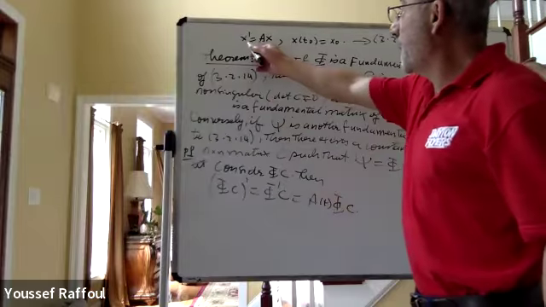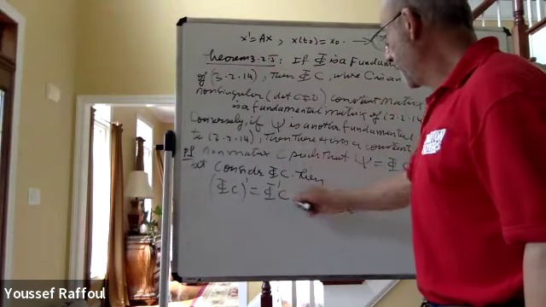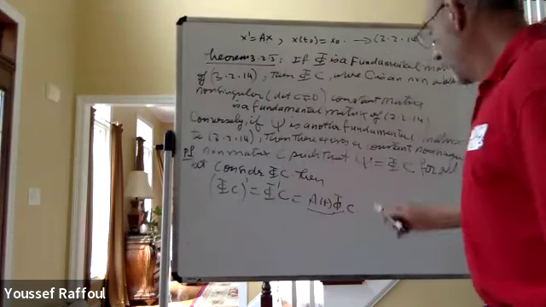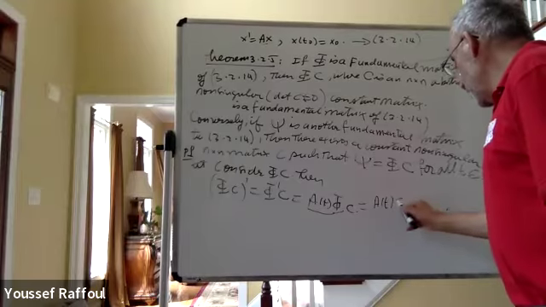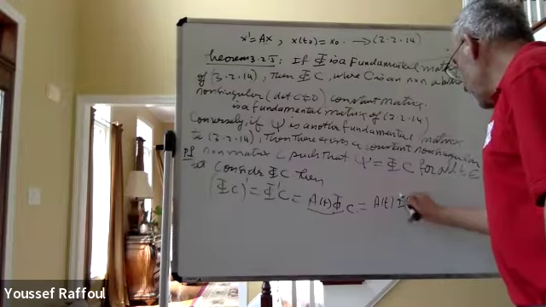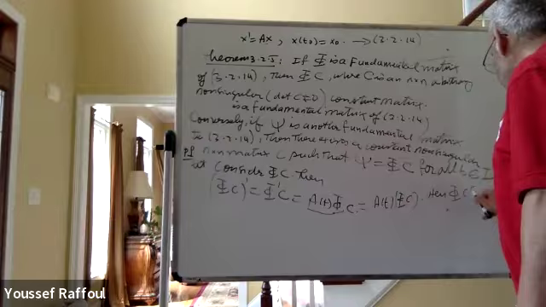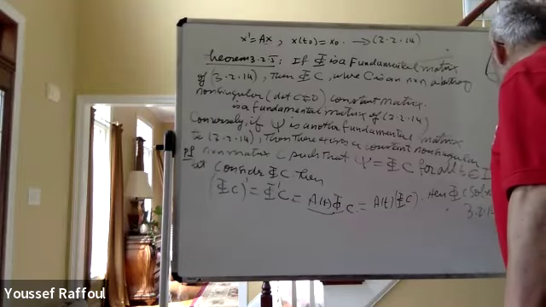Phi', if you look here, phi' satisfies this, that's a phi from here. This comes from here, and that is A^T phi C. Hence, phi C solves 3.2.14.